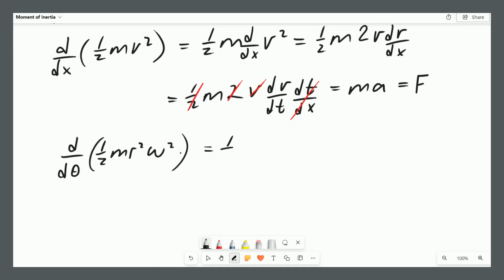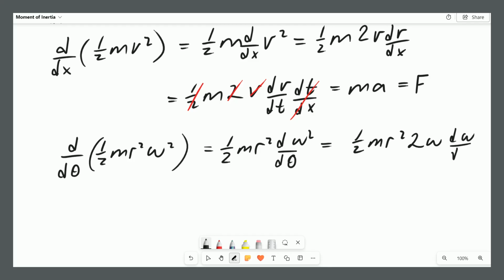Well, if mr squared are constants, we have d omega squared by d theta, which gives us 1 over 2 mr squared times 2 omega d omega by d theta.